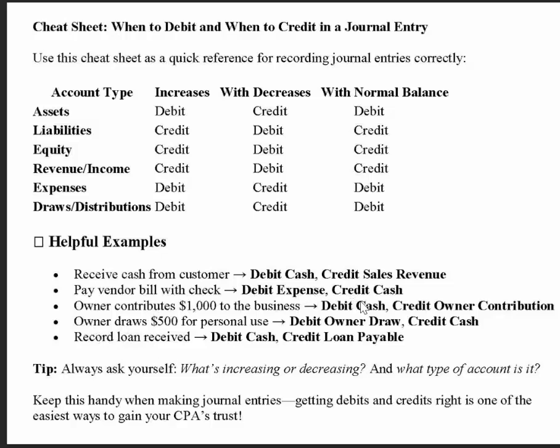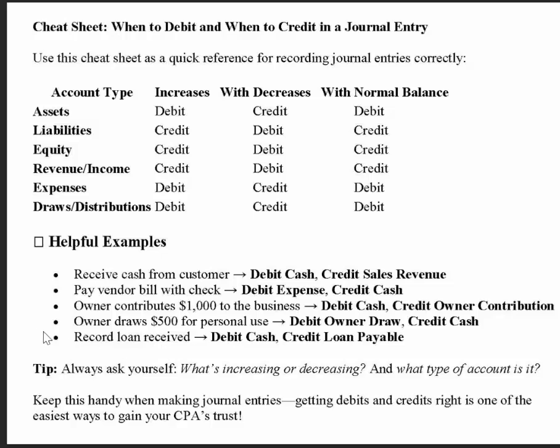That's because the cash is going into the bank. The owner's draws, $500 for personal use, you debit owner's draw and you credit cash because they're taking money out of the bank.